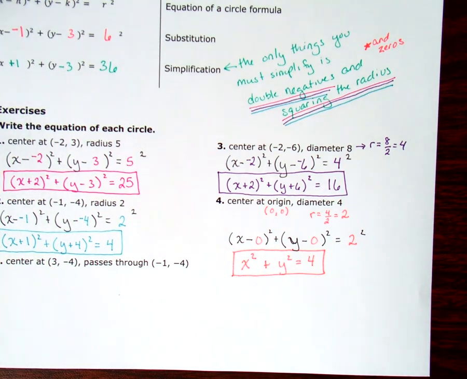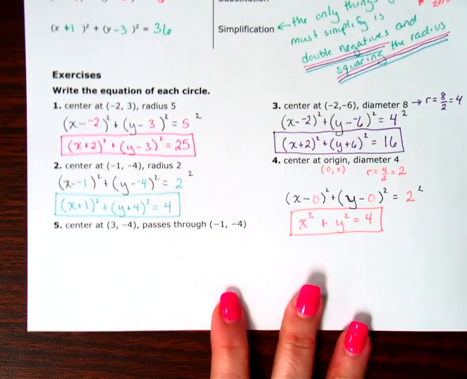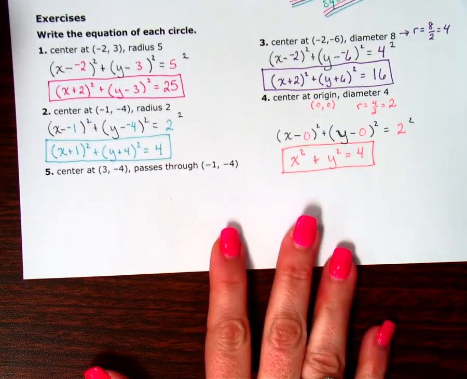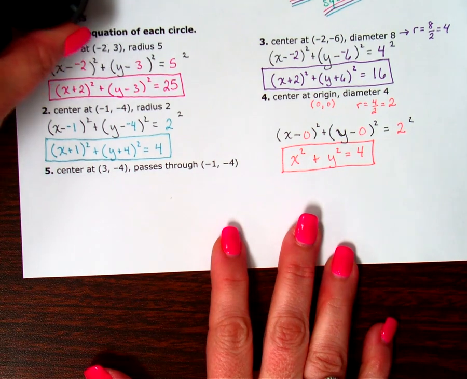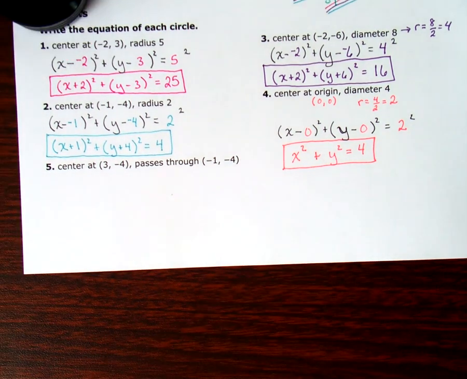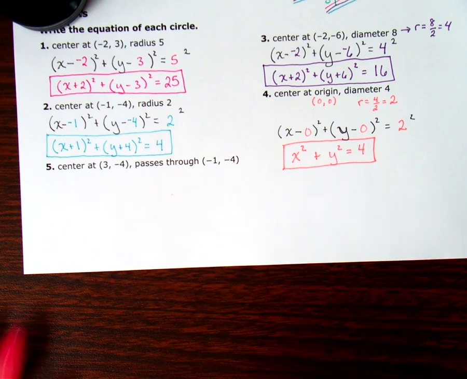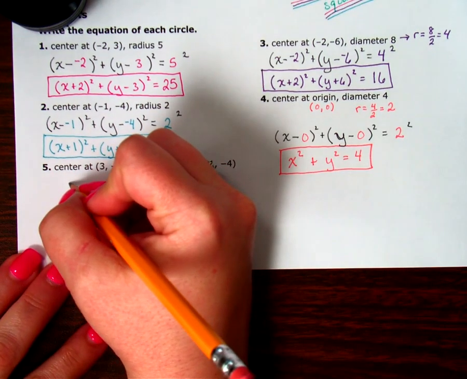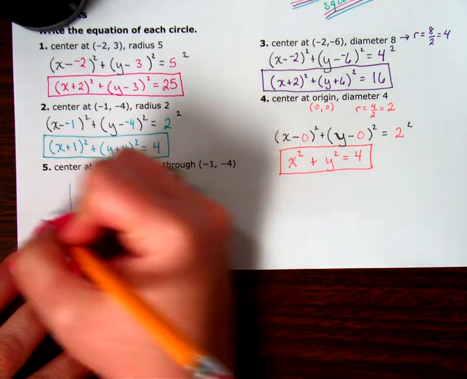All right, let's look at the next one, because the next one's a little bit tricky. When I look at the next one, my center is at 3, -4, and I pass through -1, -4. So this one is kind of interesting because they didn't give me a radius, right? So when I do that, it's going to be a little bit harder because I need to figure out what the radius is. So let's think about if we were to sketch this.